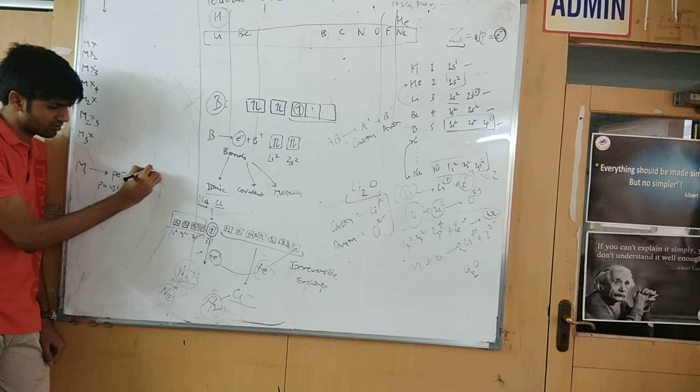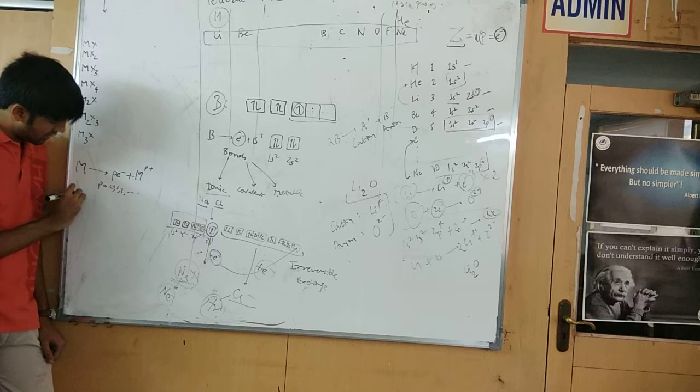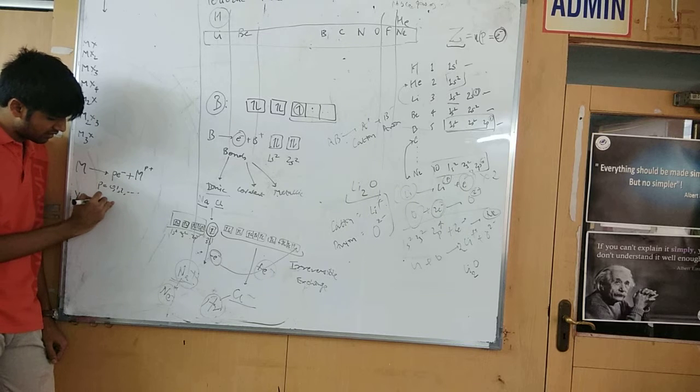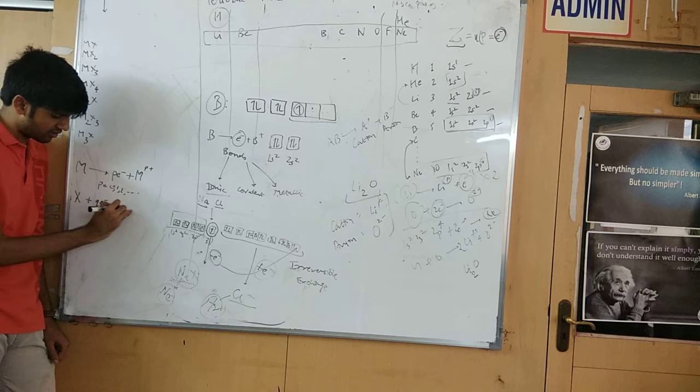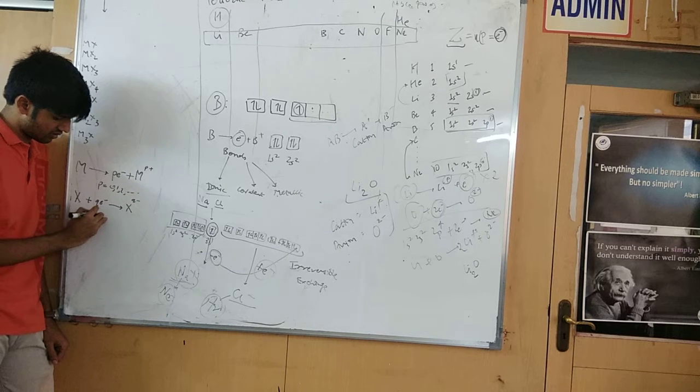M p plus, that much charge will come on M. And if X is my anion, by gaining q electrons, let's say q is the number of electrons it is gaining, then what charge will come on X? Q times minus. Here also q can be anything.